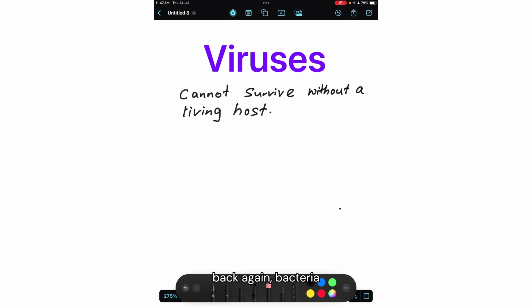Think back again. Bacteria and fungi can both live dead as well as living. But viruses cannot survive without a living host. So what does it mean? They are always pathogenic. So they cause diseases.